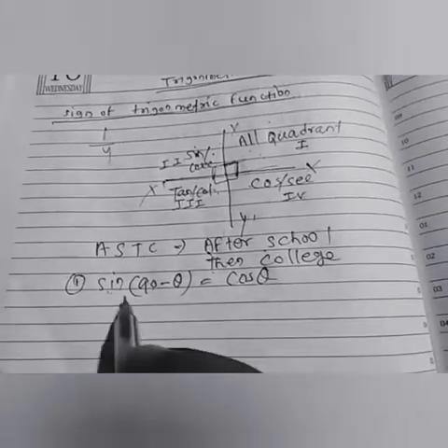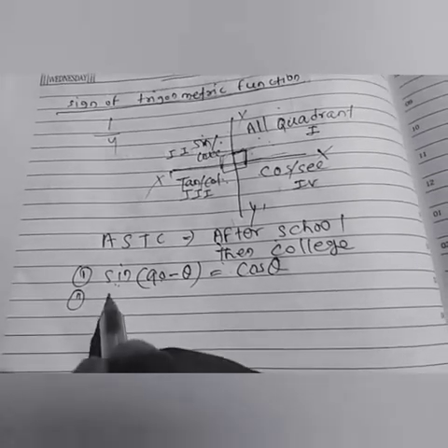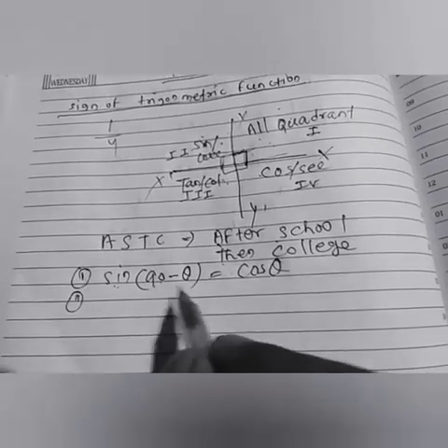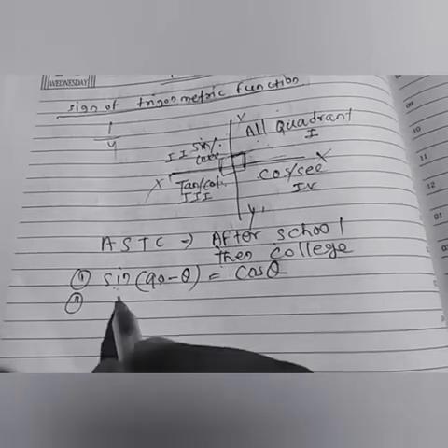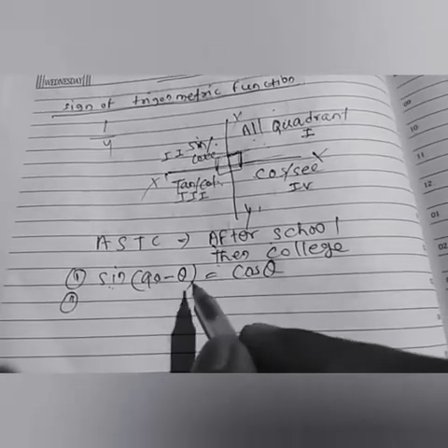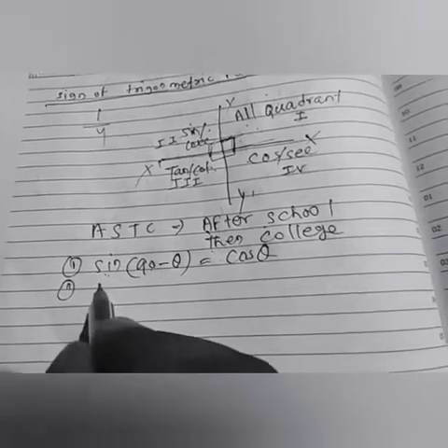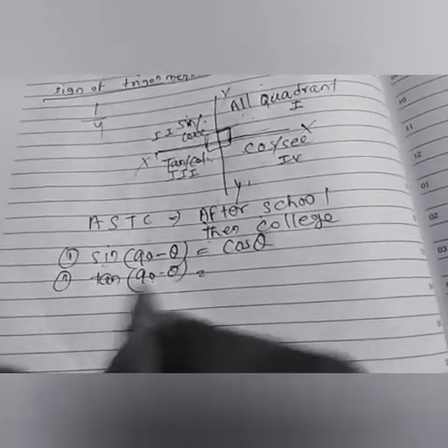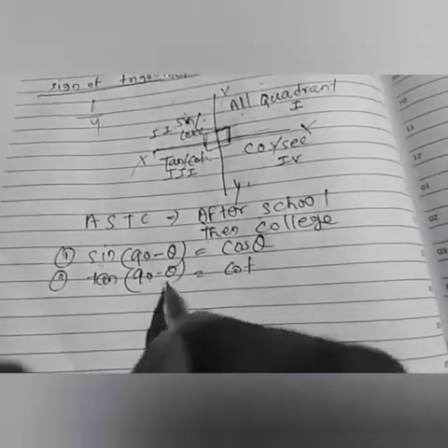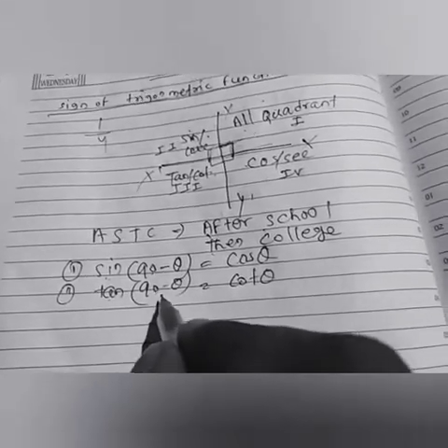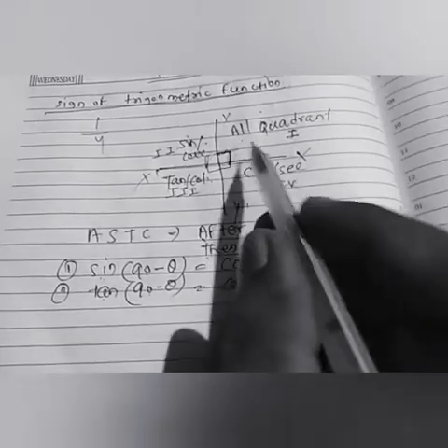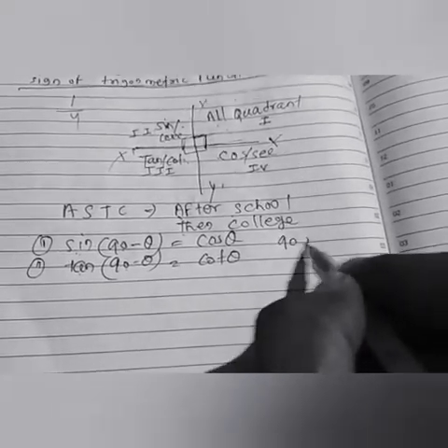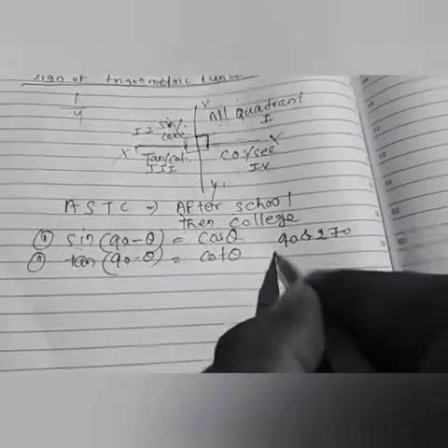Similarly, cos(90 minus theta) means for 90, cos changes to sine, so sin theta, positive. Then tan(90 minus theta), for 90 tan changes to cot theta, and for the first quadrant all are positive. Just remember for 90 and 270, the function will change.